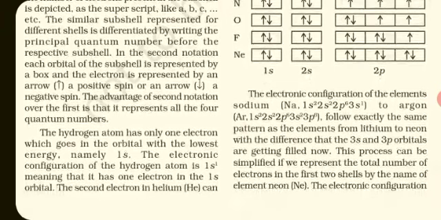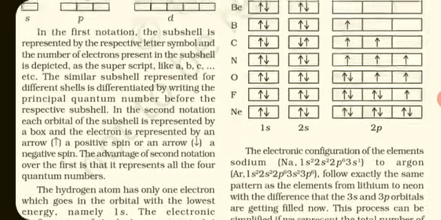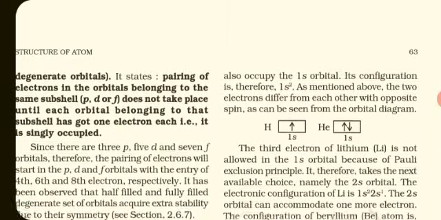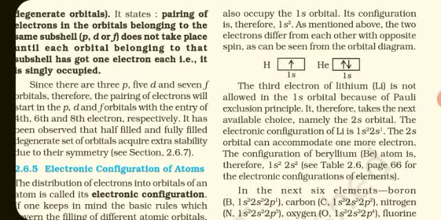The hydrogen atom has only one electron, which goes in the orbital with the lowest energy, namely 1s. So the electronic configuration of hydrogen atom is 1s1, meaning that it has only one electron in the 1s subshell orbital. The second electron in helium can also occupy the 1s orbital only.